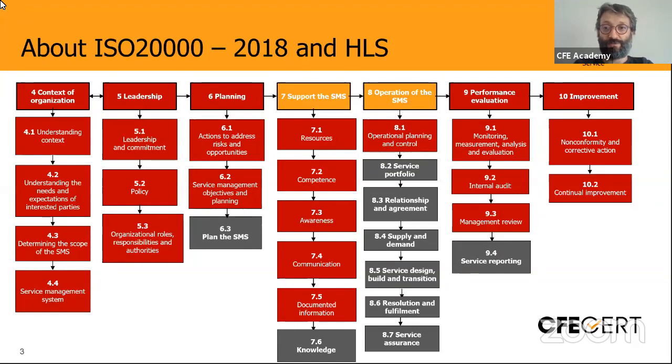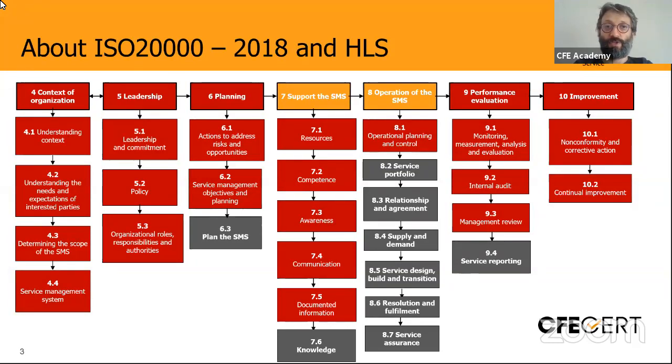So this is the main difference. Although all of them are based on HLS, high-level structure, this is the main difference between 20000 and other standards. So we are going to talk mostly about the gray boxes today.